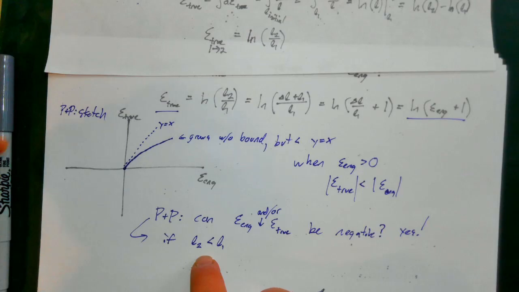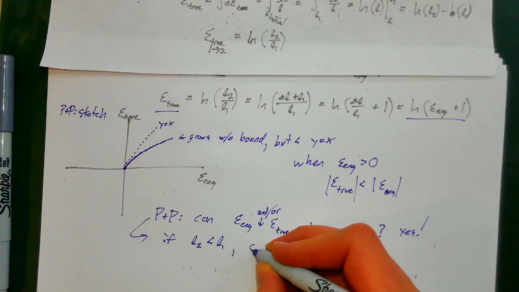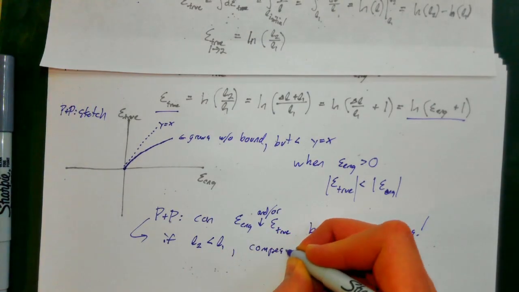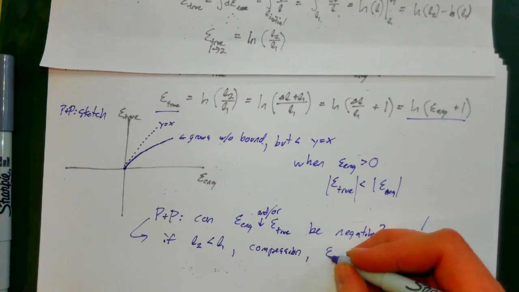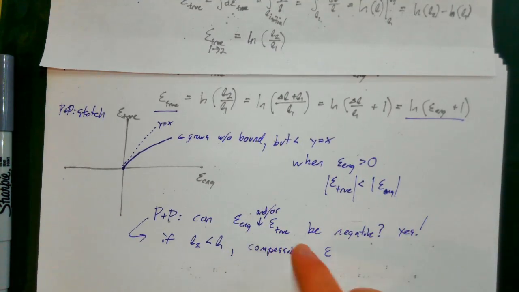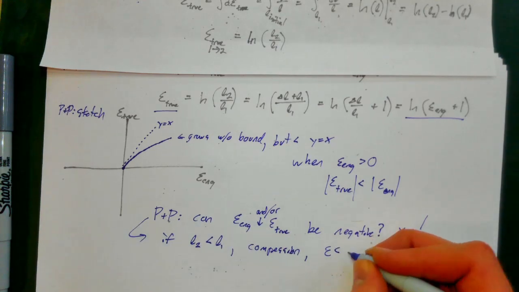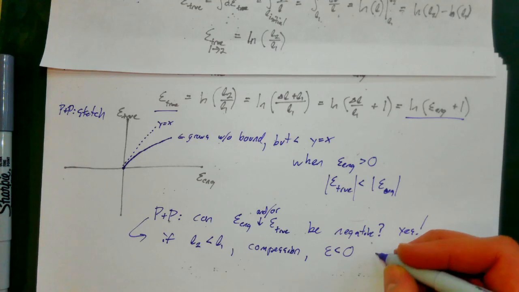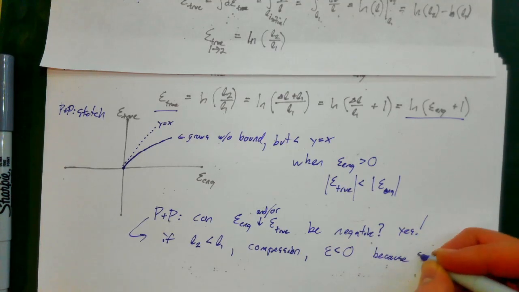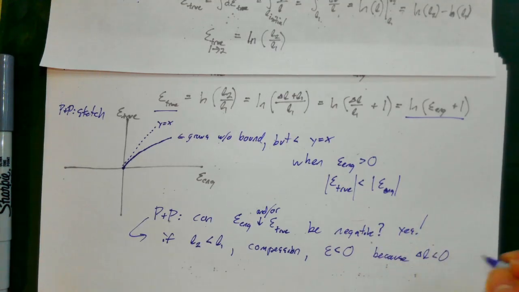So if L2 is less than L1, it's in compression, and strain, either engineering or true or both, can be less than 0 because delta L is less than 0.